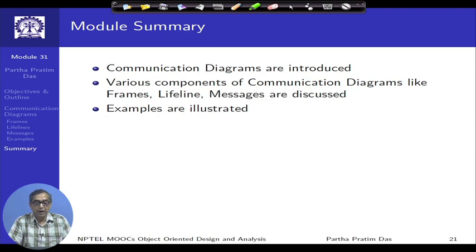Both of them are closely related, but they define two different aspects of the dynamic behavior. We have also discussed a couple of examples, and although we have not covered it in the presentation here, I would encourage you to try to build the communication diagram for our leave management system exercise.